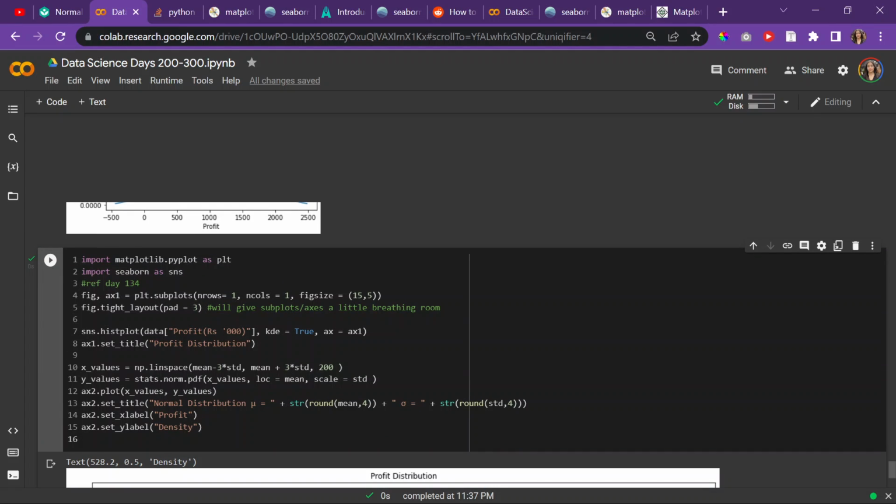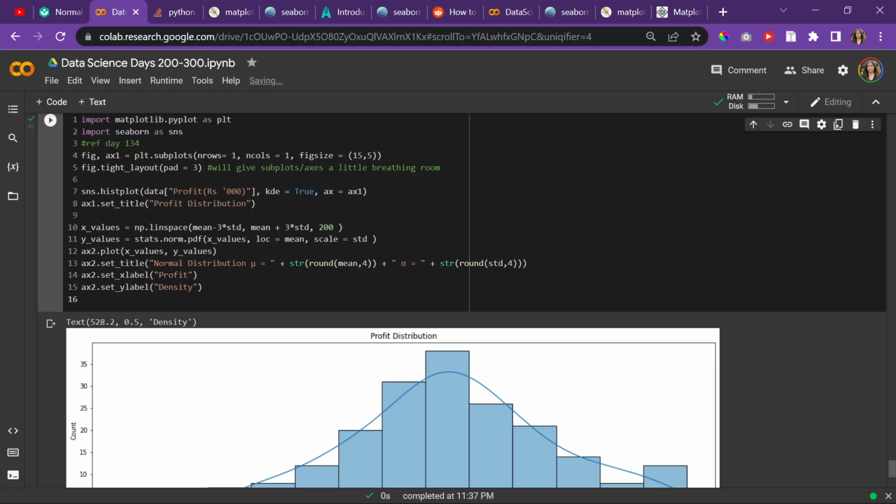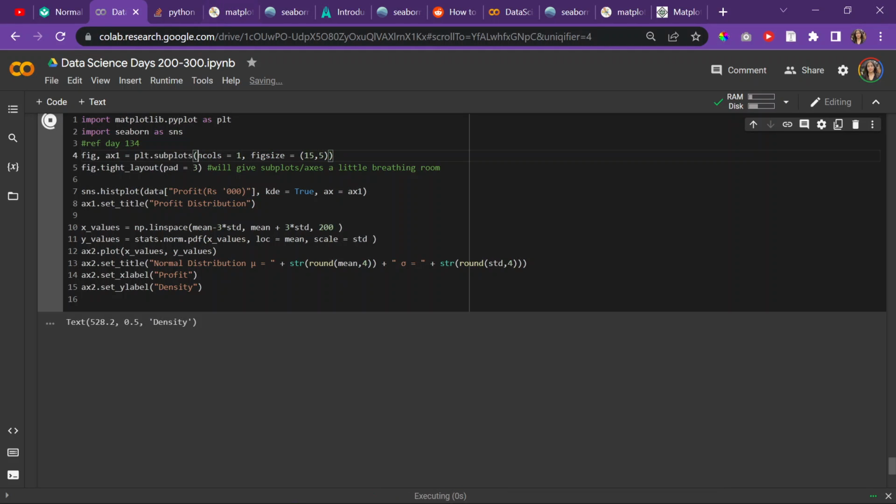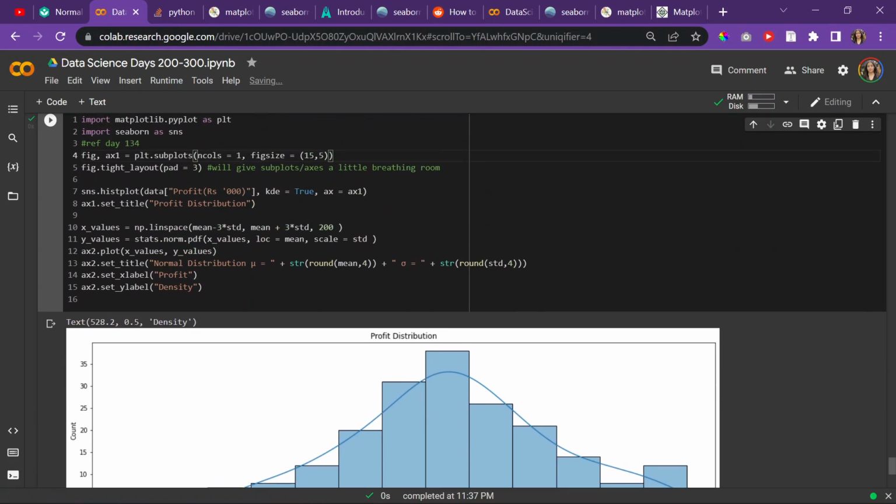Also, I wanted to show you if you delete n rows, it's going to change nothing because by default, n rows is 1. If you want to have only one graph, obviously you're going to have one row.